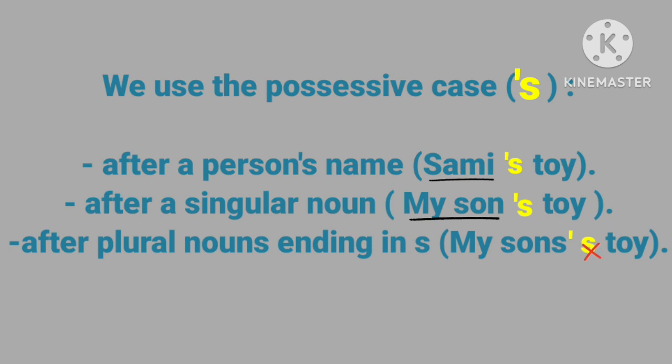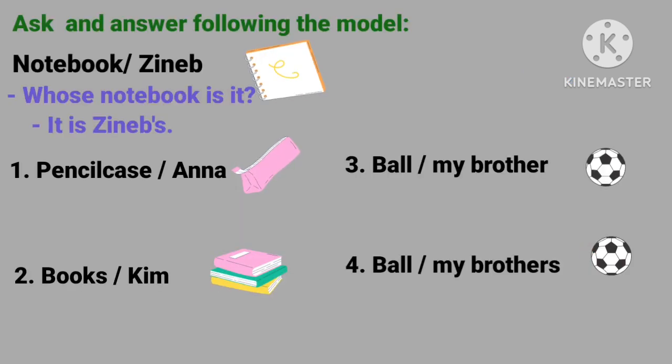After plural nouns ending in S, like my sons, so my sons is a plural noun, and we can't say my sons's. That's why we just add the apostrophe without the S, and we pronounce it my sons' toy.